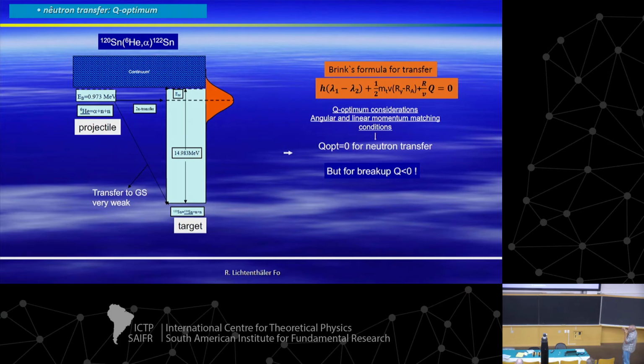The transfer reaction, you can imagine, occurs when the 2 neutrons go to the target. If you calculate the probability that this transfer occurs to the ground state of the target, you see that it's very small. It's almost negligible. And this probability increases as you go up in excitation energy of the residual nucleus.